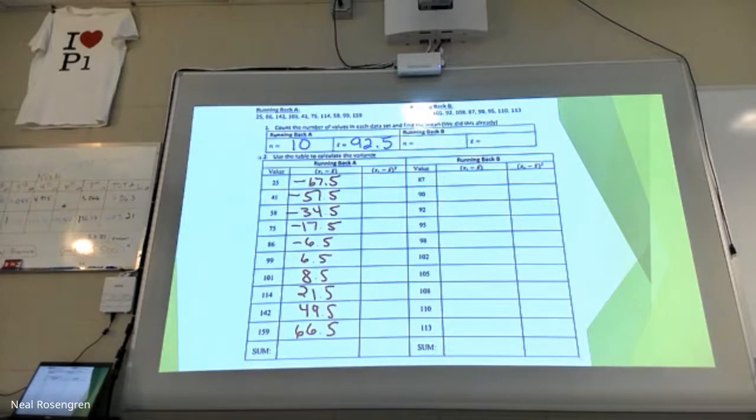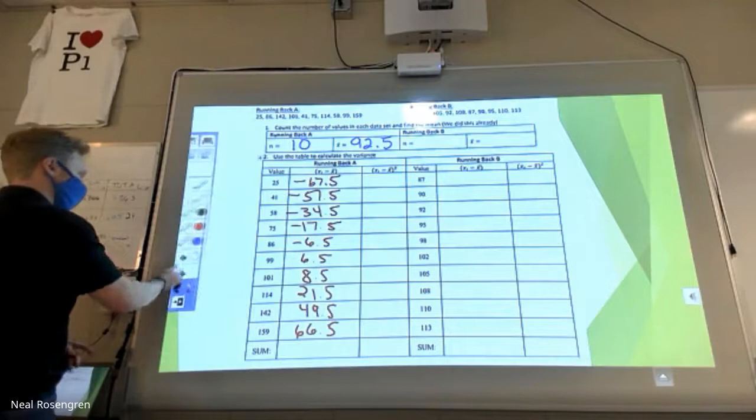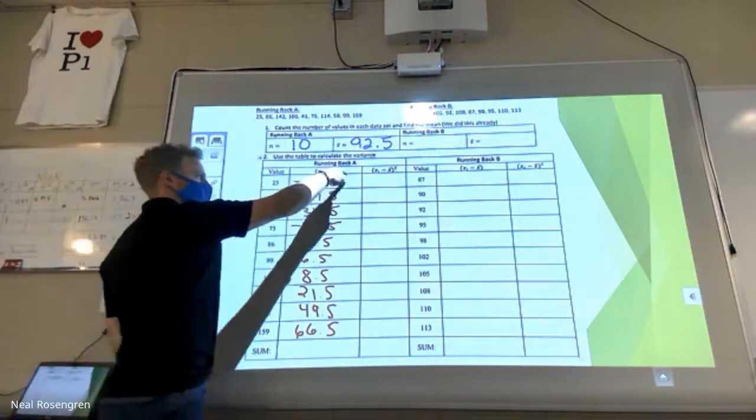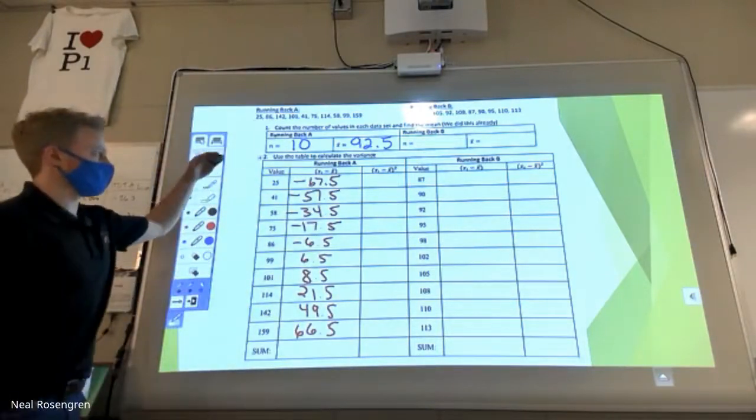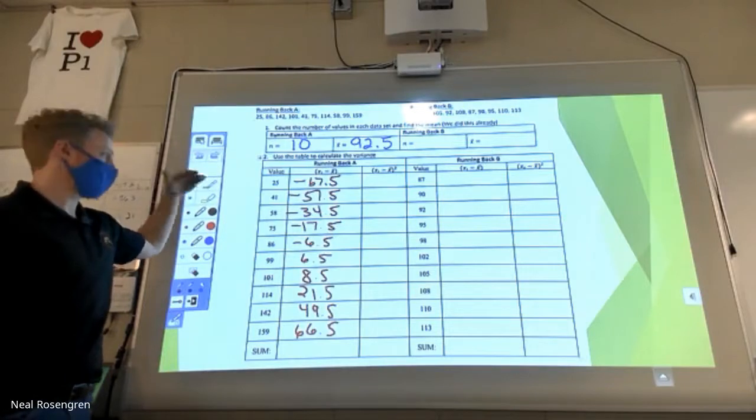Now take the number from your row and square it. Multiply it by itself. So again, Kaylin, you got the 25, Patrick the 41, Maddie the 58, Jason the 75.